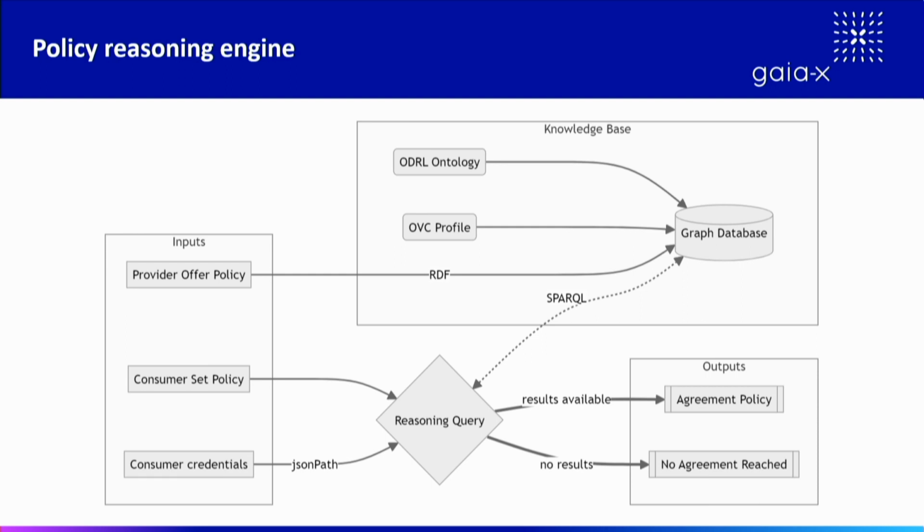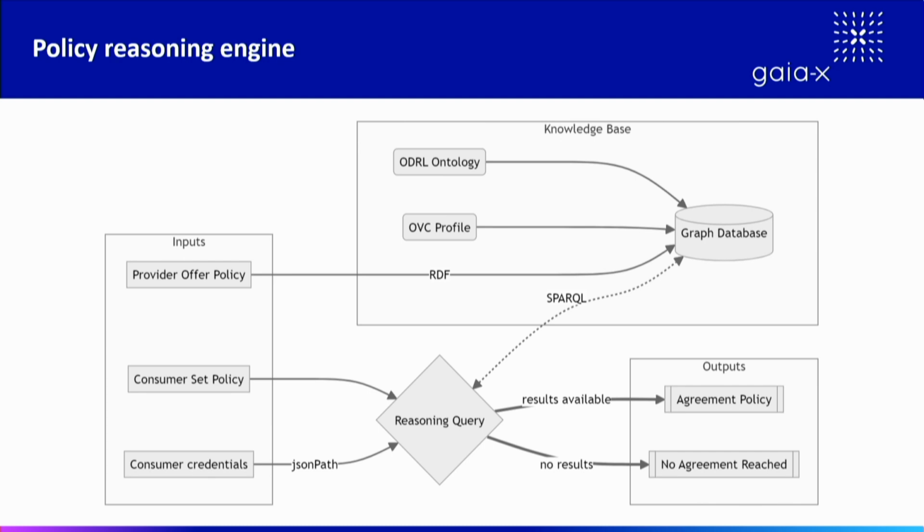And you can see, like the examples we've seen so far, the inputs are the provider offer policy, and there's also a consumer set policy in which we get the consumer's intentions. Then there is the consumer verifiable credential, which we evaluate to get more trustworthy and verifiable data, evaluated with JSON path in the engine. Then the query is sent using SPARQL to a graph database.